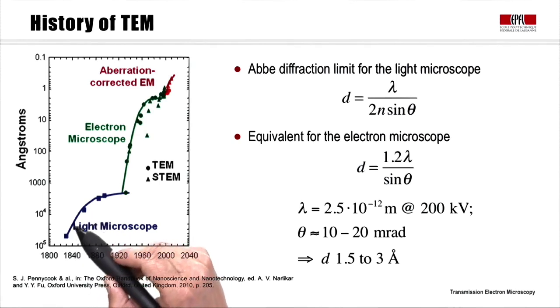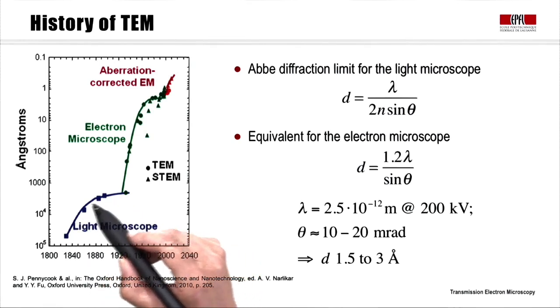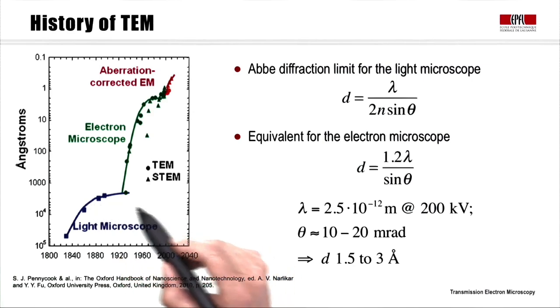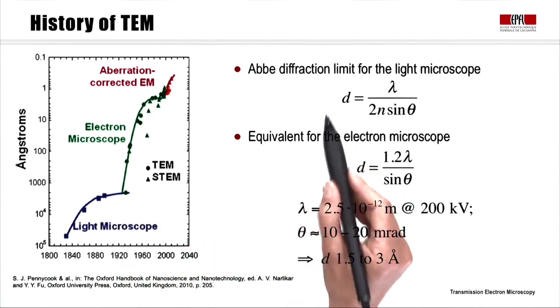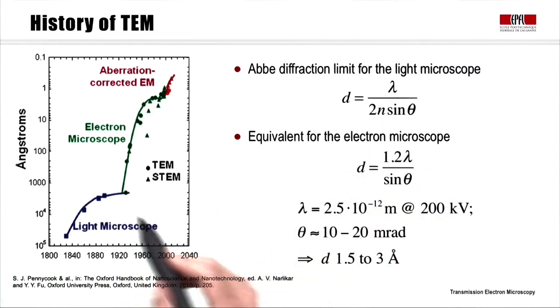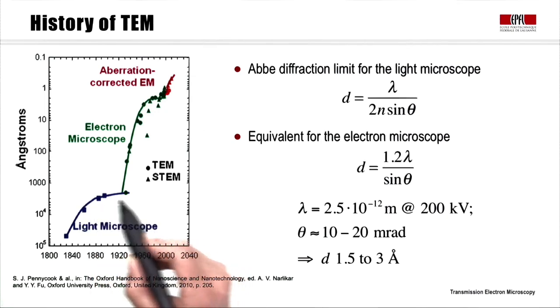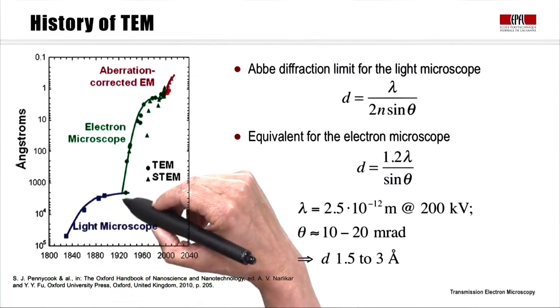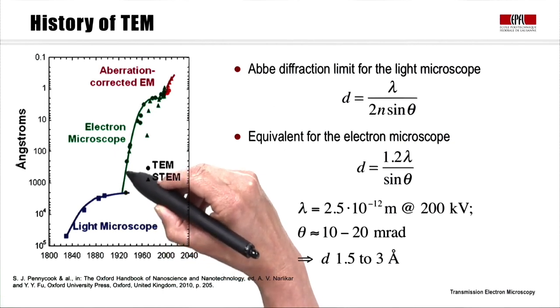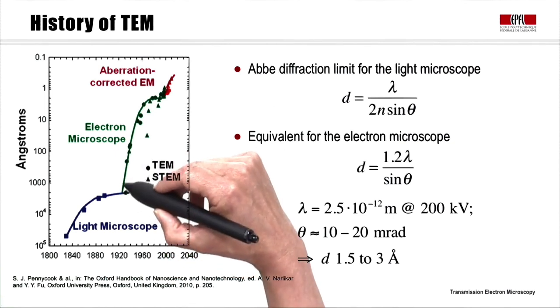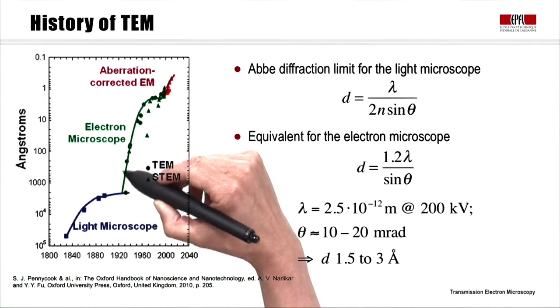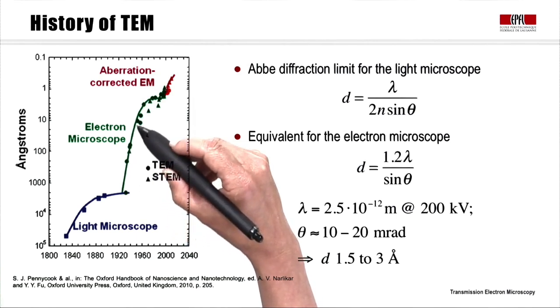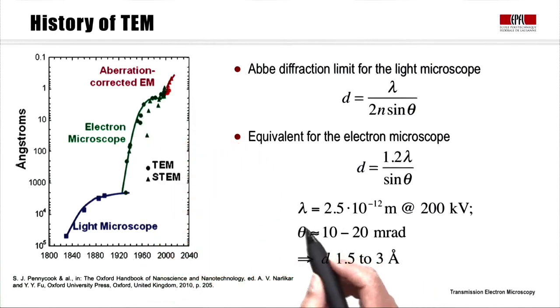And indeed, if we watch the evolution of the resolution of microscopes, you see that the resolution of light microscopes was improving at the beginning and then hit a maximum, limited by the Abbe diffraction limit and the wavelength of light, and you reach something around 100 nanometers.